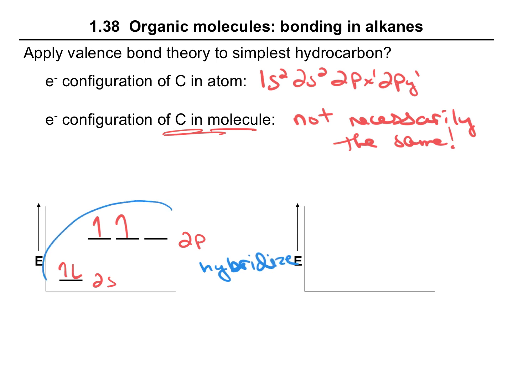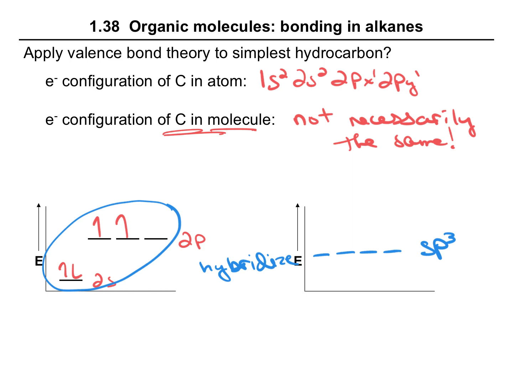So if all 4 of these orbitals combine, then we get 4 new orbitals. So they will be the same energy as each other, and these are called sp3, because they are made up of the blending or the hybridization of 1 s orbital and 3 p orbitals. So sp3 hybridized.